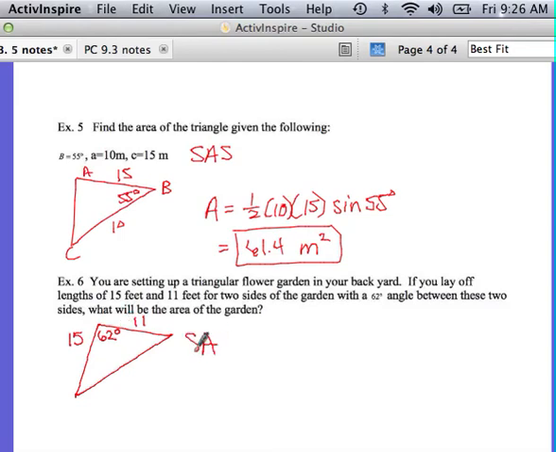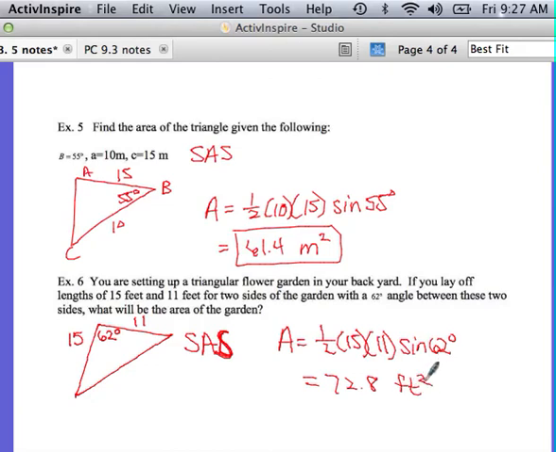So as long as it's side, angle, side, we can use area is 1/2 the product of the two sides times the sine of that included angle. Okay, pretty simple. So go ahead and use your calculators. We have been predominantly in degree mode, but it's a good idea to always check your mode. Remember your units, and I'm getting 72.8 feet squared.